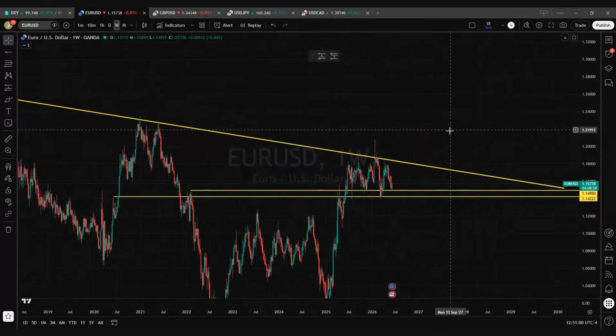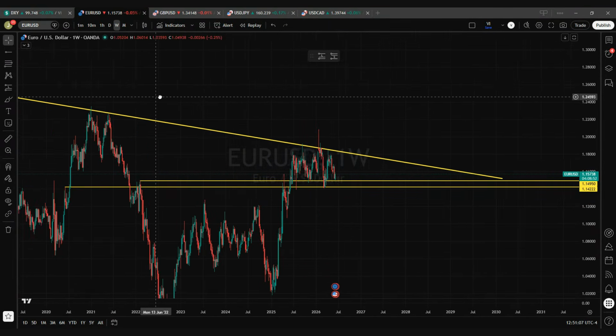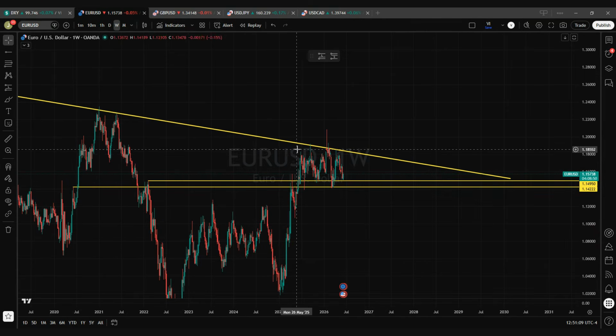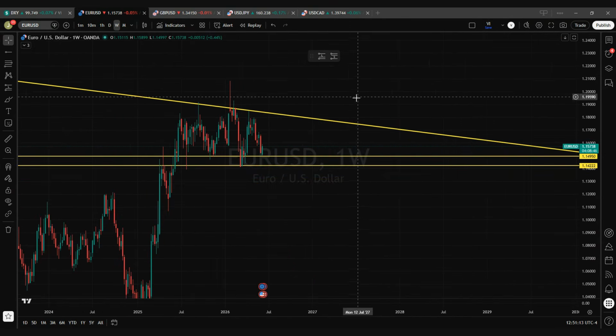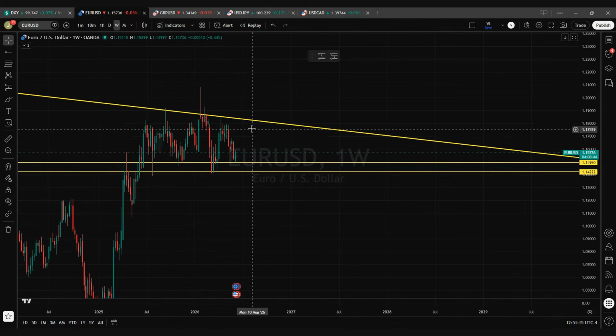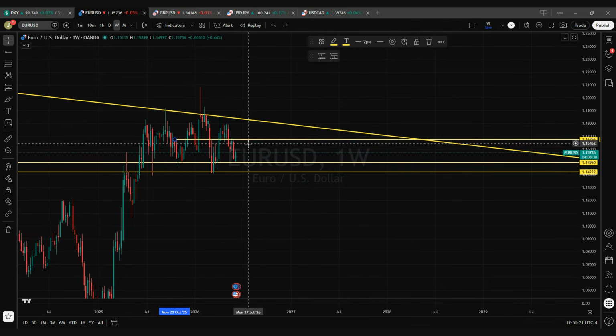Looming overhead, though, is this long-term declining trend line, starting up here from this pivot of 2018, rejecting price all the way down. If the euro starts strengthening even more against the dollar, I want to see price get past this $1.16 level.